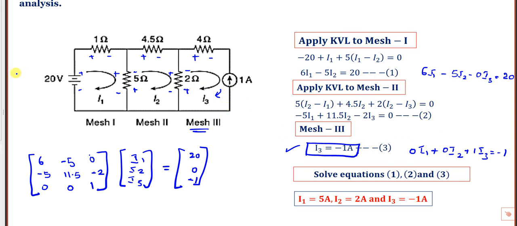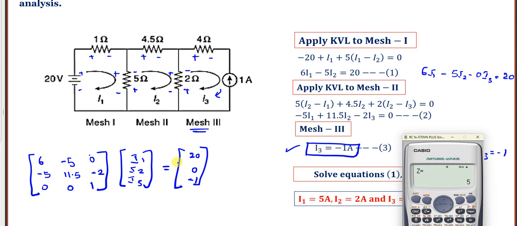If they ask only voltage sources and resistances, it is very easy. If there is a current source, don't follow that. Only the first and second equations apply, with the sum of resistance in mesh 1 and mesh 2. For the third mesh, the current source is there, so we have not applied any KVL for this.